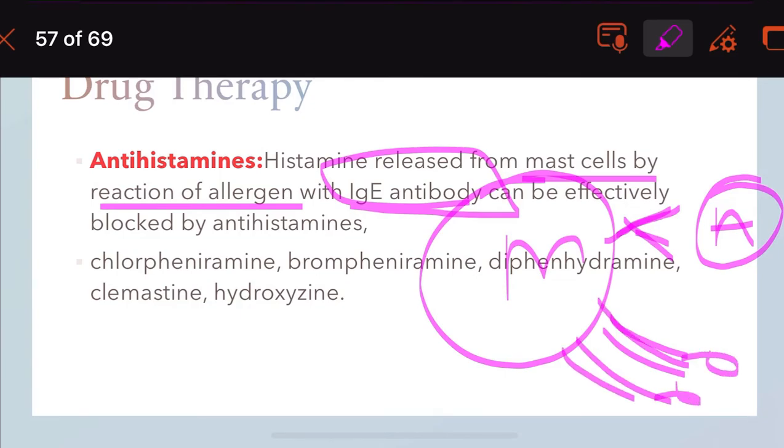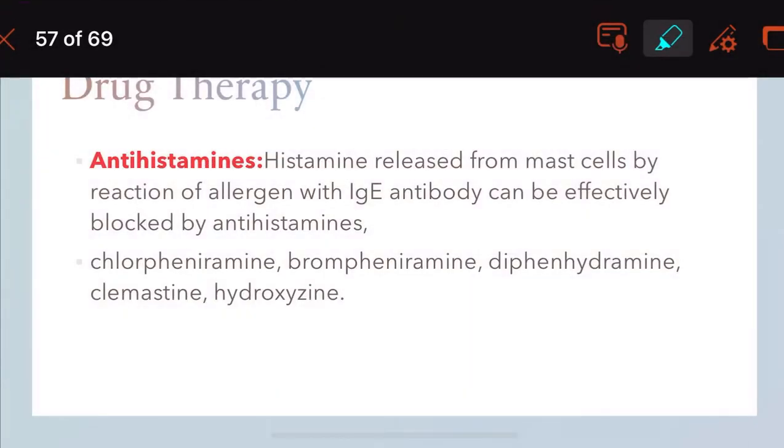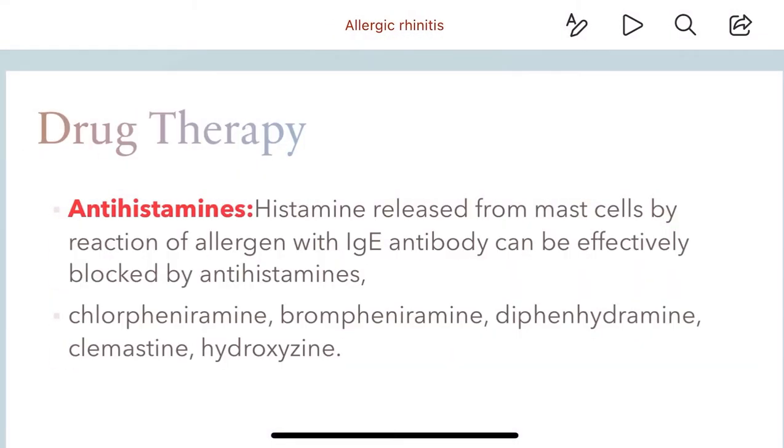The secretion of this histamine is blocked by the antihistamines. The examples of these antihistamines are chlorpheniramine, brompheniramine, diphenhydramine, clemastine, hydroxyzine.